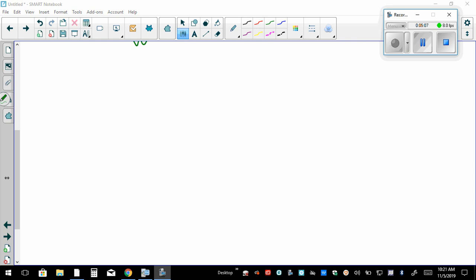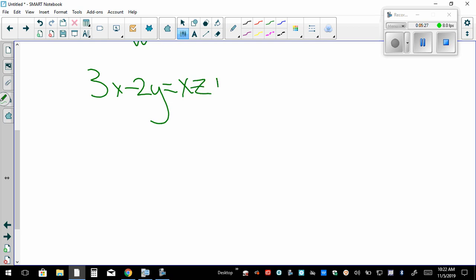This is a continuation of 2.8, and we are solving the equation 3x minus 2y equals xz plus 5 for x.